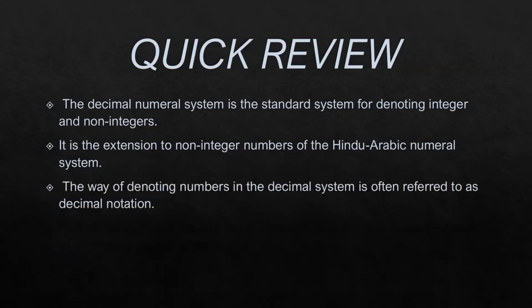The next is how we are denoting a decimal number, or how we are identifying a decimal number. The way of denoting numbers in the decimal system is often referred to as decimal notation. If I give you the numbers 53 and 5.3, it's quite easy for you to recognize the decimal number, because you have already learned how to recognize one. What is decimal notation?